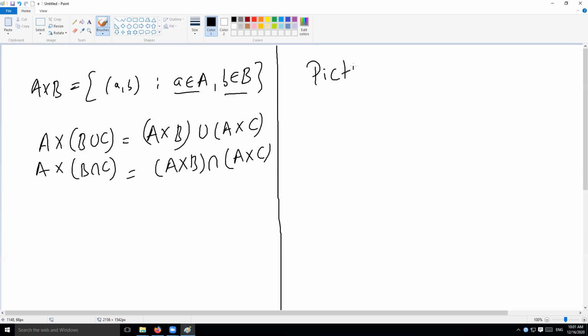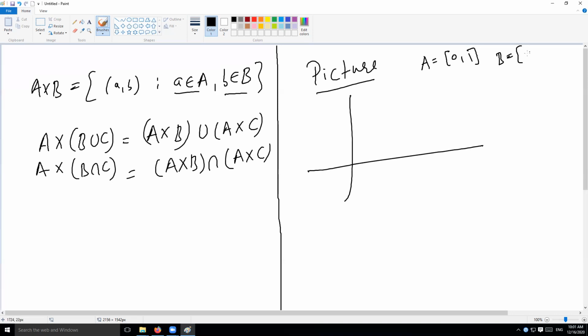By the way, let's first make a picture of the cross product. Imagine I am in R2, and imagine I am taking A and B, for example, as intervals. Let's take A as the interval 0 to 1, and B as another interval, let's call it 1 to 2.